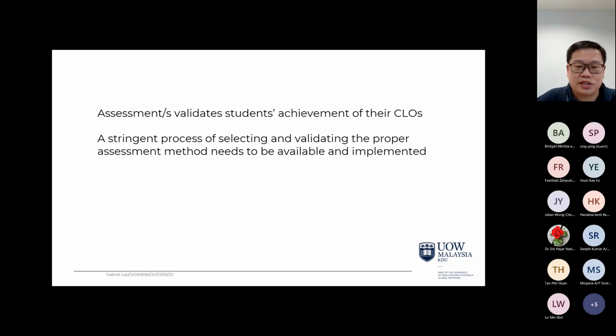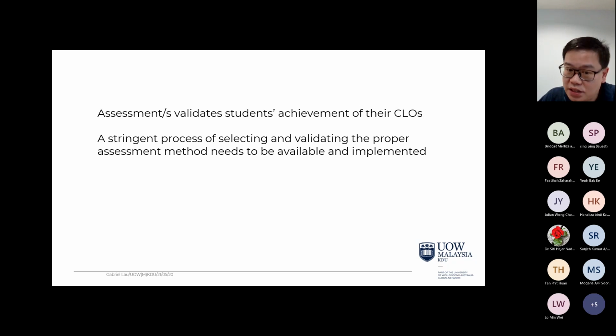So if students say that this is an A student, it means that the students have achieved their CLOs. You see, and their course learning outcome, that's why they are A. So if students don't achieve their CLOs, they should not be A. Or they don't achieve fully, or they don't excel in their CLOs, they may be a C or a C plus kind of student and so on. A stringent process of selecting and validating the proper assessment method needs to be available and implemented.